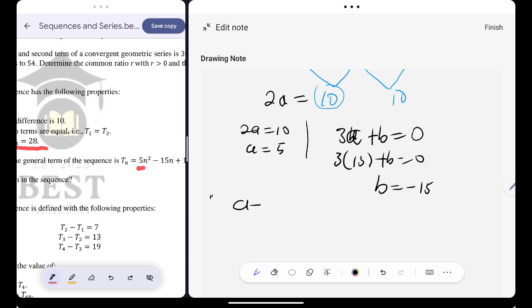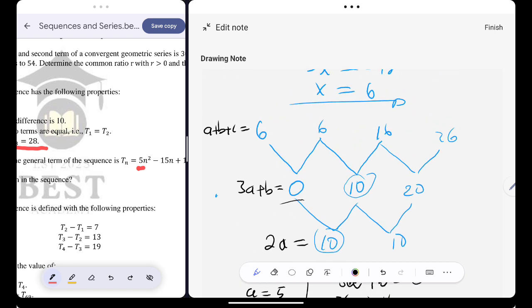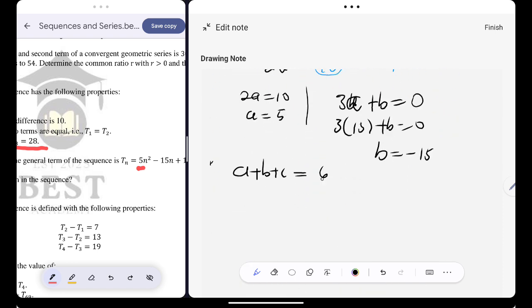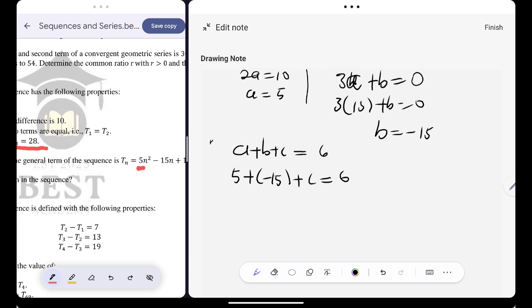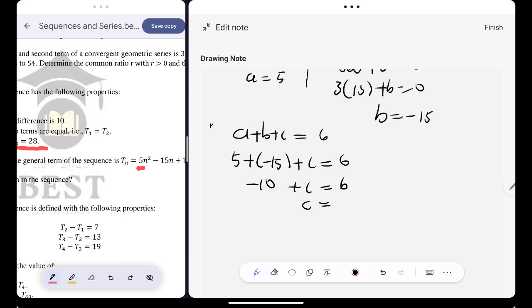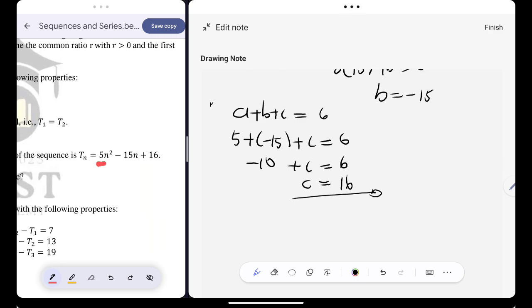I know that a plus b plus c should be equal to the first term, which is 6. A is equal to 5, b is negative 15, so I have negative 10 plus c is equal to 6. That means the value of c is 16, as it is supposed to be.